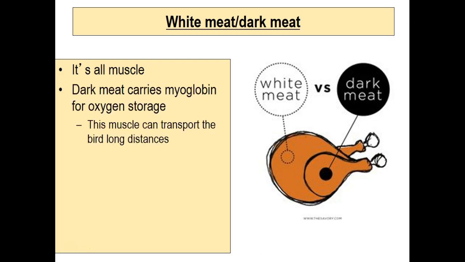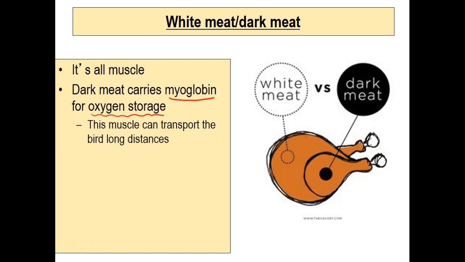Okay, dark meat carries myoglobin, and myoglobin is for oxygen storage. And so what's the purpose of oxygen? Why do we need oxygen? Well, of course, we need oxygen because oxygen helps us to make ATP.